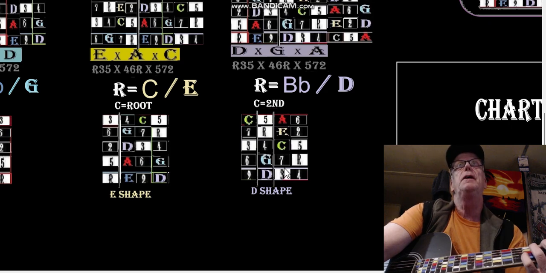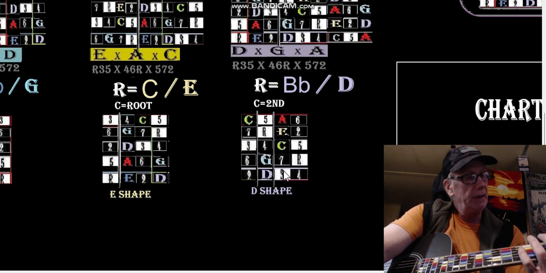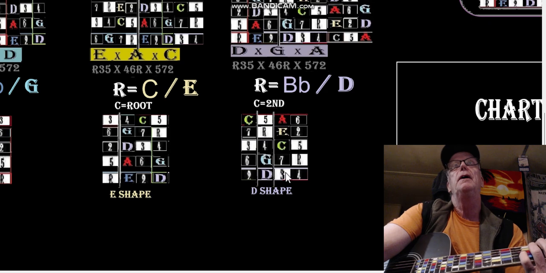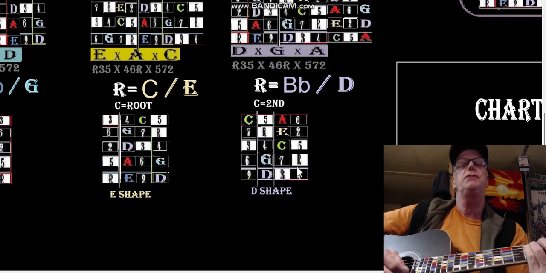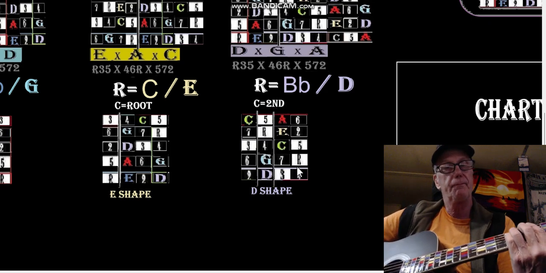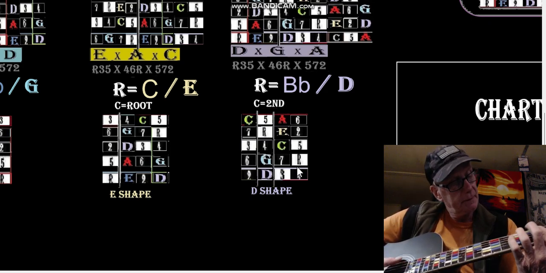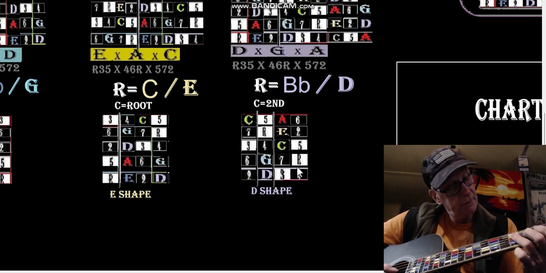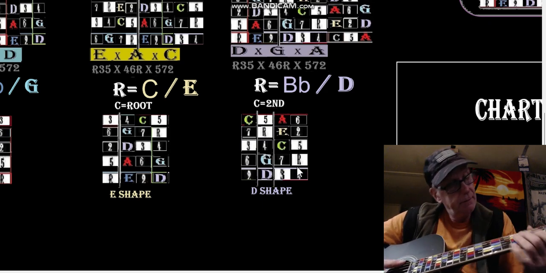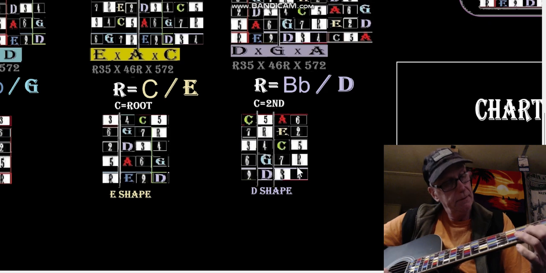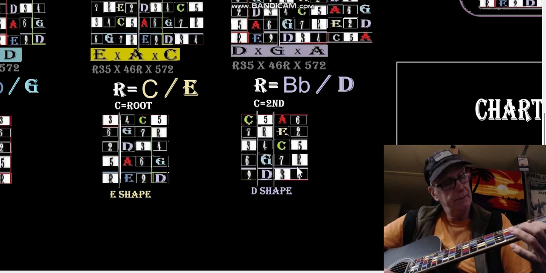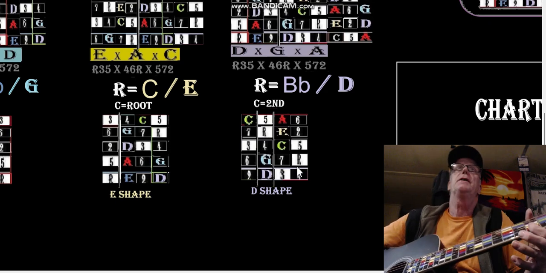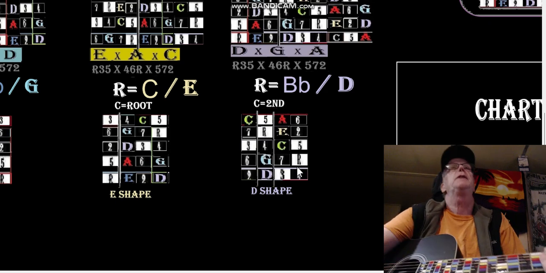And the 3rd of that D shape is right there. So here's our D-shaped C. I'm just looking at green, yellow, red, doing it in C. So that's our D-shaped C.